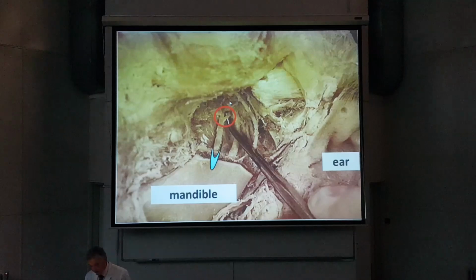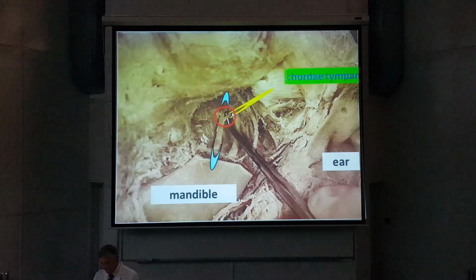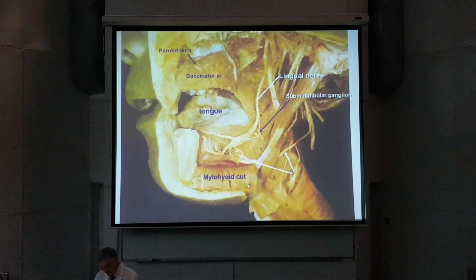You can see that this is the lingual nerve, and this is the chorda tympani. Parasympathetic fibers coming through the chorda tympani, and this is the tongue. These parasympathetic fibers are going to end up in submandibular ganglia and going to submandibular salivary gland and sublingual.